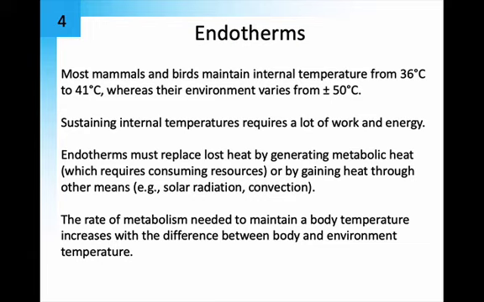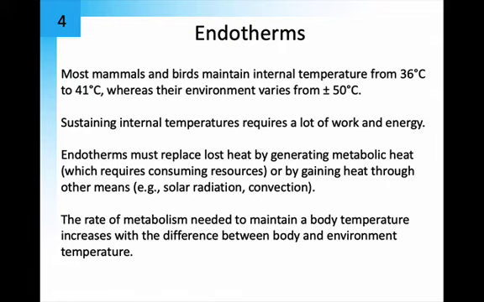Endotherms are like birds and mammals, and we are the classic endothermic animals. And we maintain internal temperatures somewhere from the mid-30s to the low 40s. And the environment around us varies from plus 50 degrees centigrade to minus 50 degrees centigrade. So it takes a lot of energy.